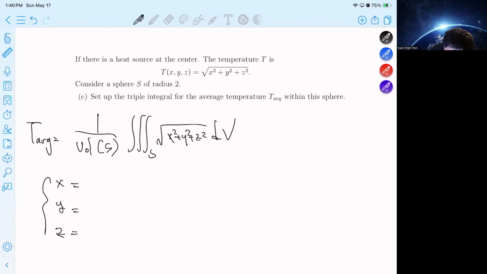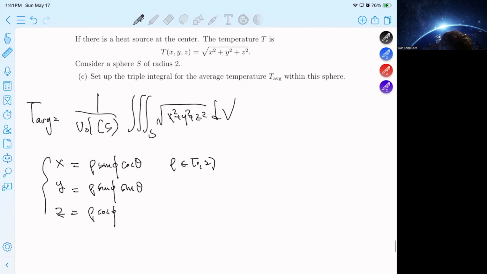Okay, all right. So it's rho sine phi cosine theta, rho sine phi sine theta, rho cosine phi. Again, since it's a whole sphere, rho goes from 0 to 2. And theta is the whole circle, so theta will be 0 to 2 pi.